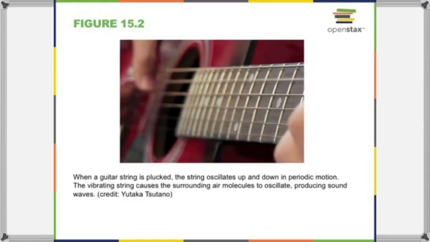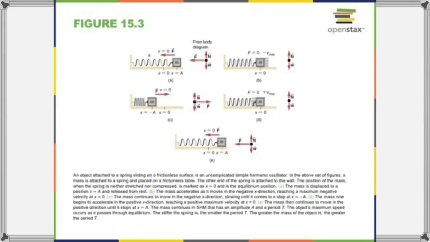And where you hold it, you're changing the oscillating length, and when you change the oscillating length, the frequency again changes. Don't get worried too much. Just know that this is an oscillation. A violin, a guitar, all these are oscillations, vibrations.